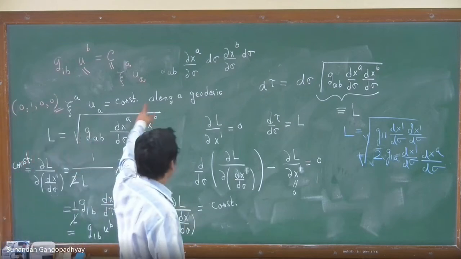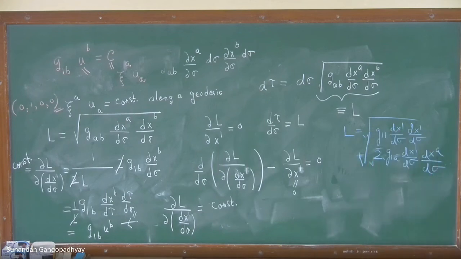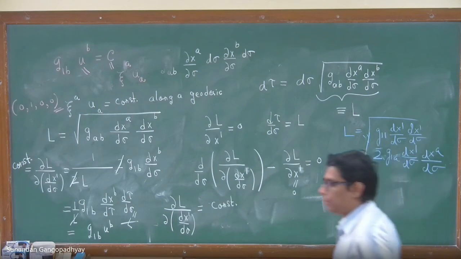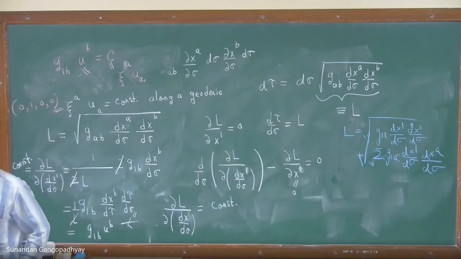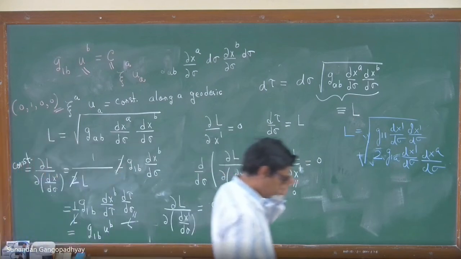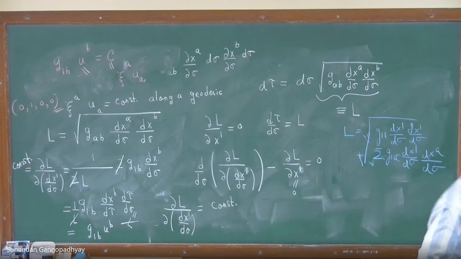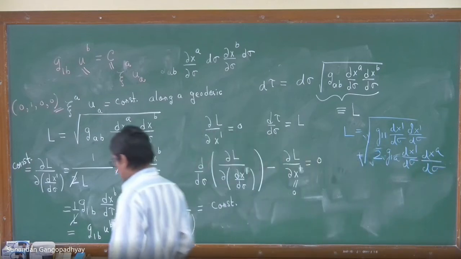Therefore, Xi^A UA is a constant along a geodesic, if Xi is a Killing vector. By Killing vector, we mean that it is a direction along which the metric or the Lagrangian does not change. So this is a constant. This is the result that we used while deriving the gravitational redshift on the Schwarzschild geometry. So we have proved this result.